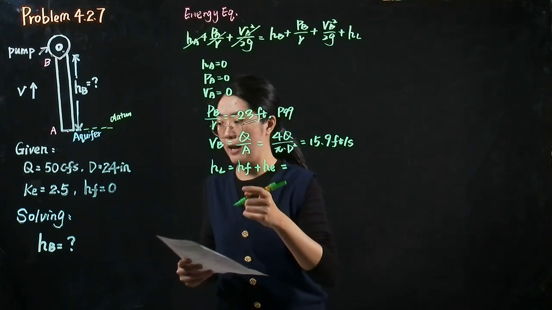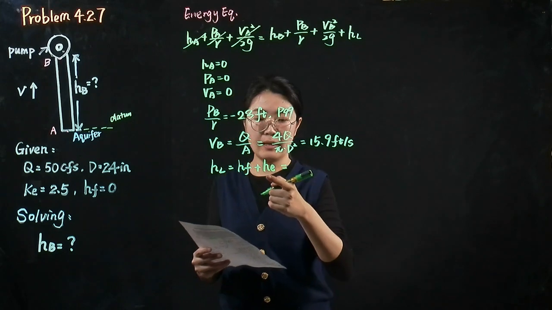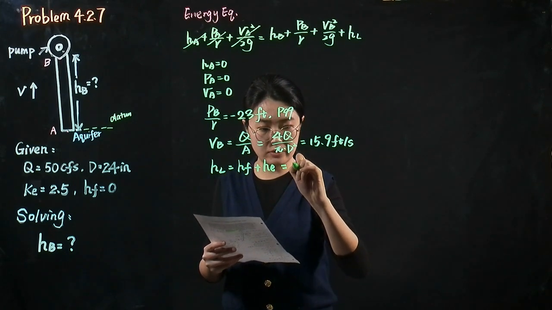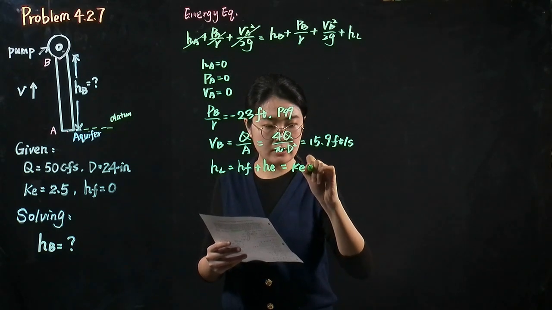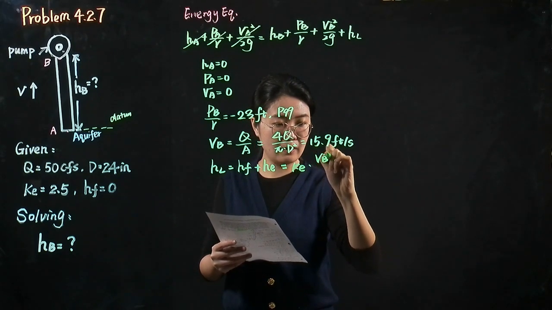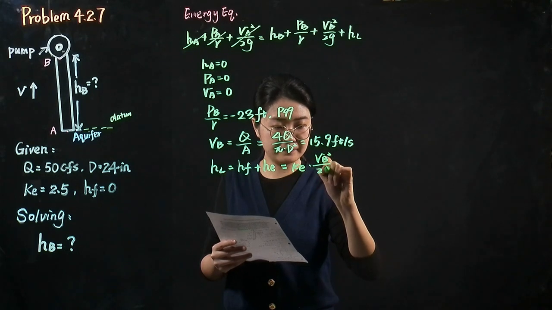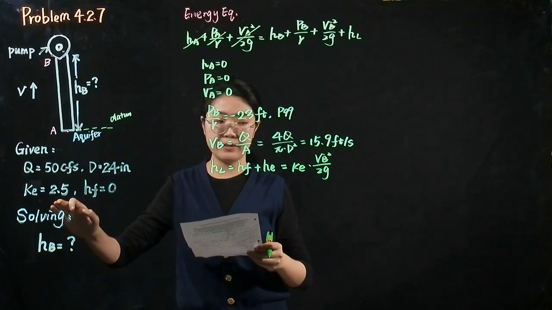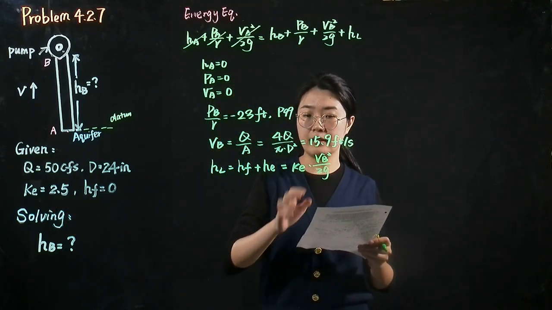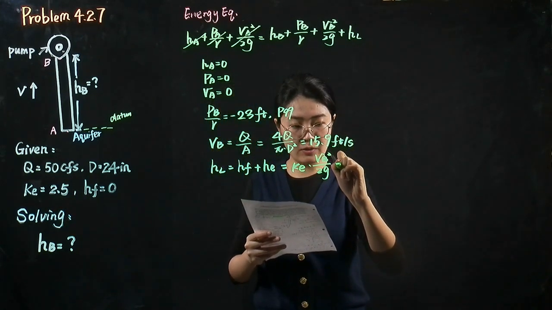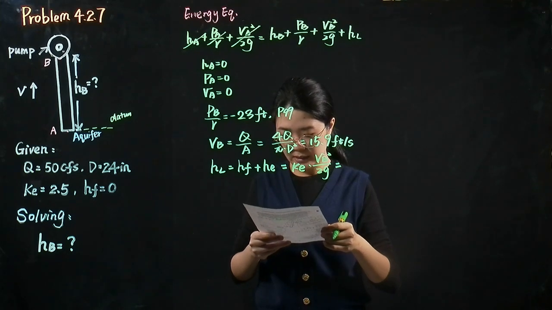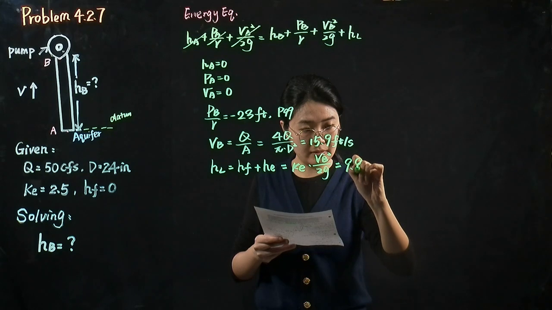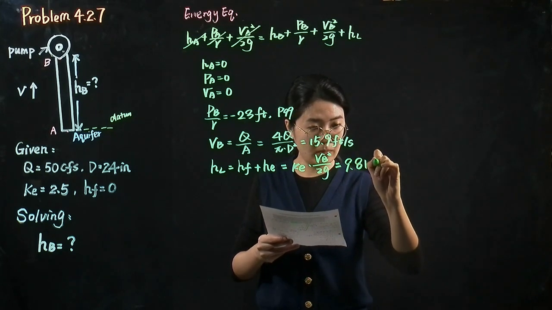Because the H sub F equals 0, the loss caused by the entrance screen equals the coefficient times the velocity head. After we bring in the value of K and also the velocity at point B, we can get the head loss equals 9.81 feet.